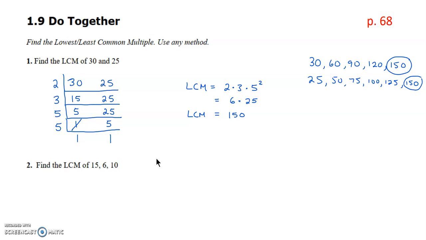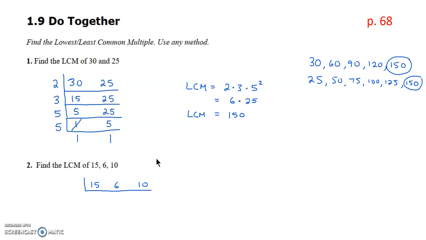So it does depend on how you view the numbers, how fast your multiplication skills are. There's a lot of factors in how you decide which way you want to find the lowest common multiple. For number 2, where we have 3 numbers, I really find the alternative method works actually fastest. But again, it depends on the numbers and what you see.